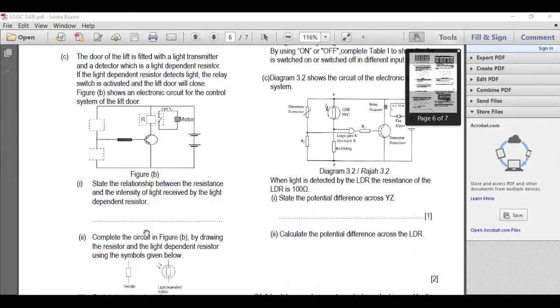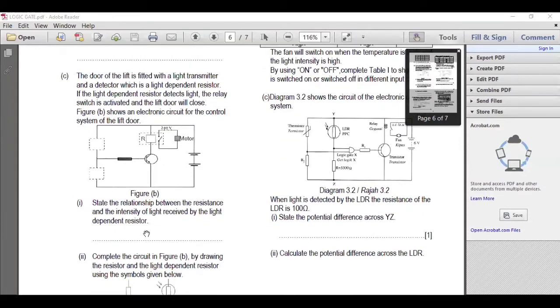State the relationship between the resistance and the intensity of the light received by the light dependent resistor. So you can say when bright, resistance is low, or when dark, resistance is high, up to you.